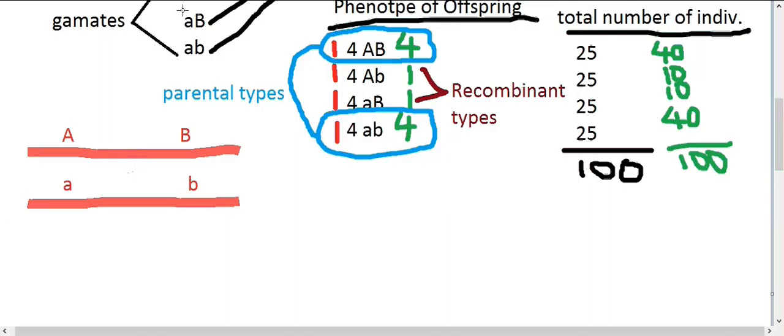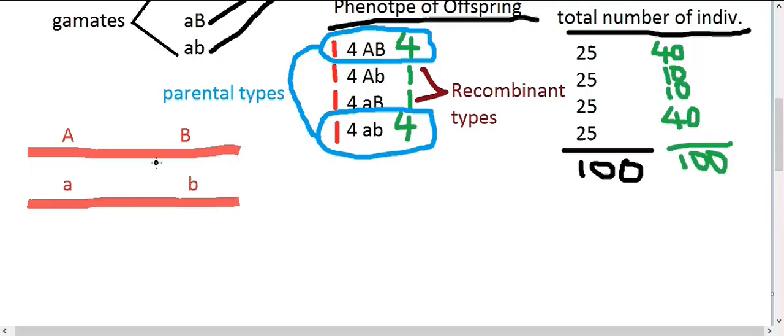So the idea arose that if you have a crossover event here, that doesn't mean much. But if you have a crossover event here, then that's what was happening there.